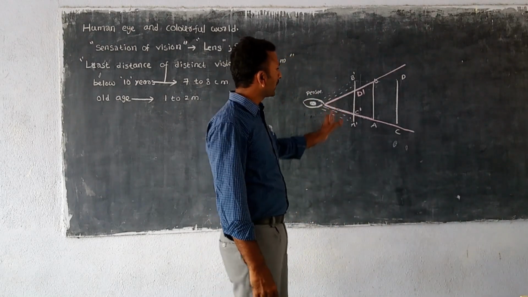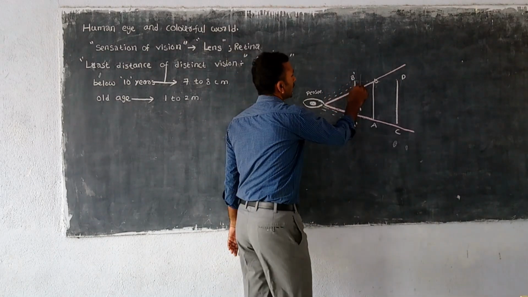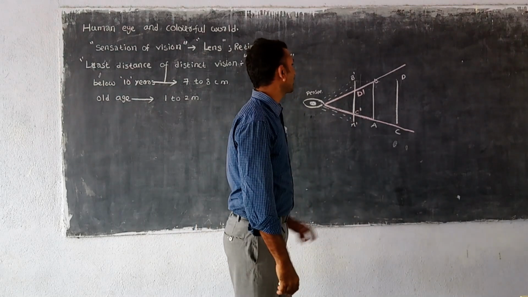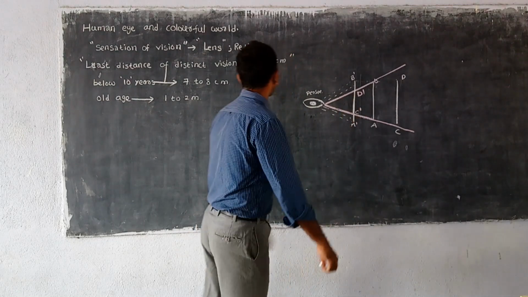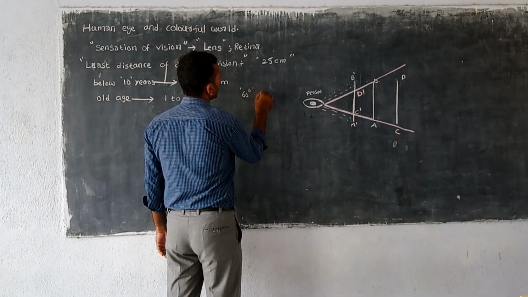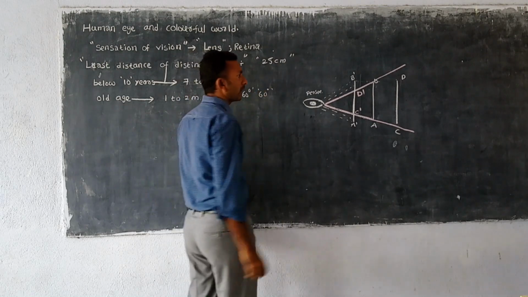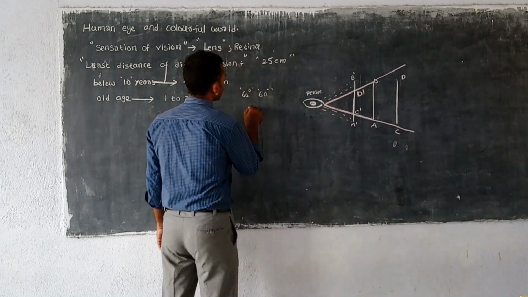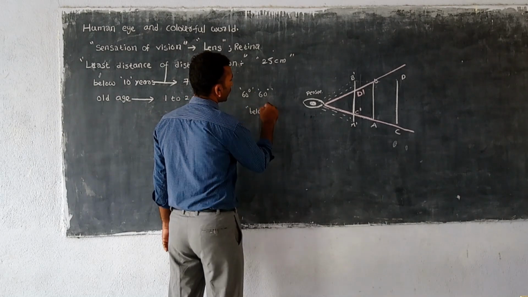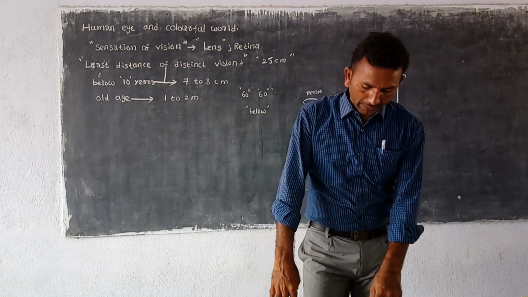If the rays are coming like this, we are able to see only some part, from this point to this point only. That means at a 60 degree angle we are able to see. So 60 degrees or above 60 degrees we are able to see. Otherwise, if any object is below 60 degrees in front of our eye, we are not able to see those objects completely.